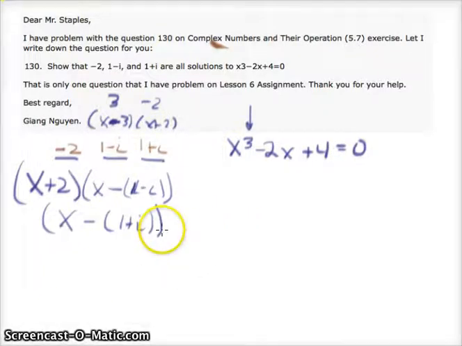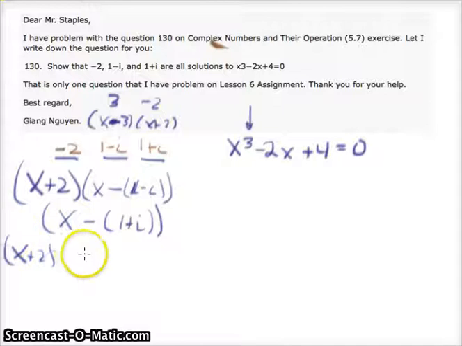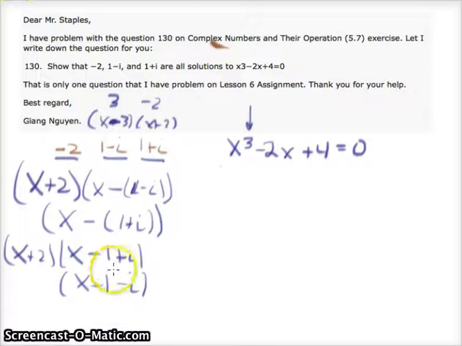Let's rewrite them. x plus 2, we understand that. This is x minus 1 plus i. And this other factor is x minus 1 minus i. Now, we're going to have to multiply all 3 of these together, and if we multiply all 3 together, I should get that polynomial.